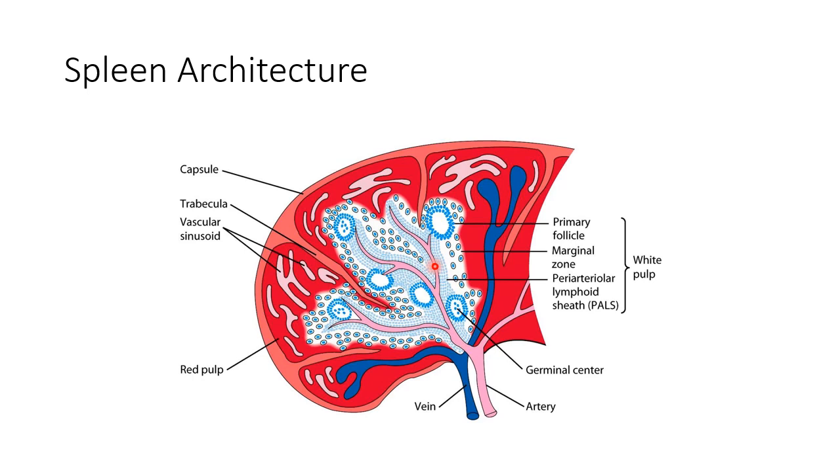And what's unique about the spleen is that it has germinal centers, where you have highly active proliferation of lymphocytes. Then this is your splenic artery and vein. So what's important for us in our discussion of monoclonal antibodies would be the white pulp, and in particular, the germinal centers. Again, collections of lymphocytes that are actively proliferating.